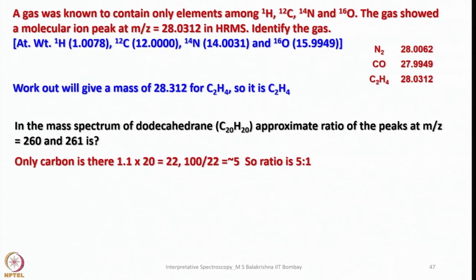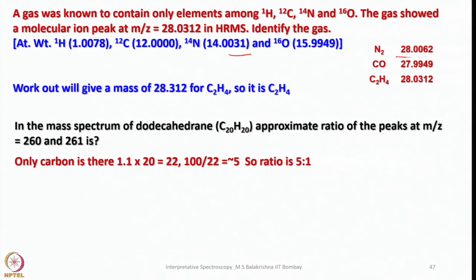H is 1.0078, 12C is 12.00, 14N is 14.0031, and in case of 16O it is 15.9949. Then if we look into all possible gases, possibly N2, we can think of CO and C2H4.